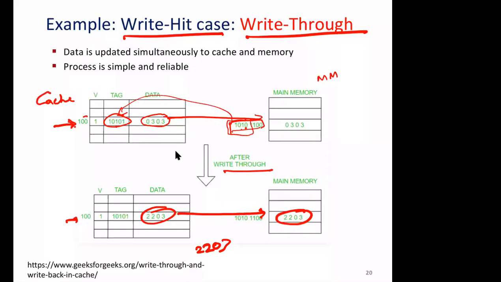So that's the reason. And secondly, this method is simple. Some processors use this method, but it generates a lot of traffic. Okay, so let's move on to the next one.